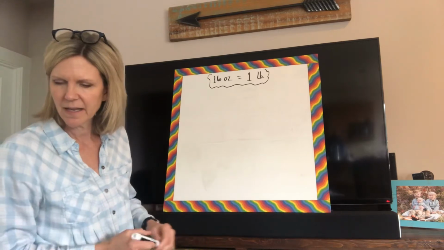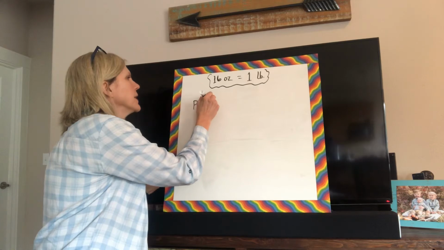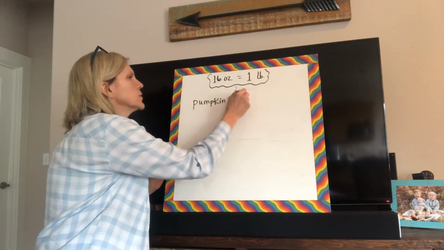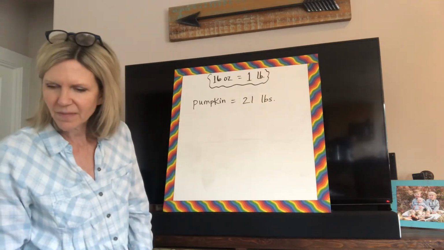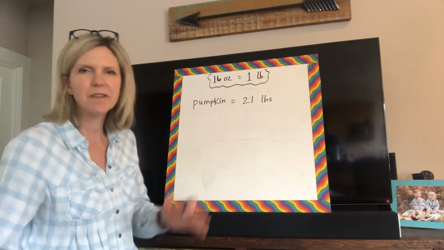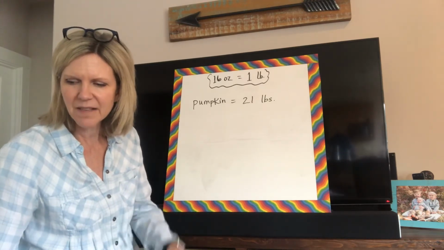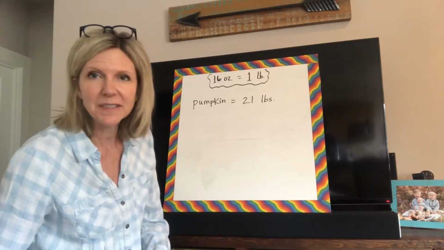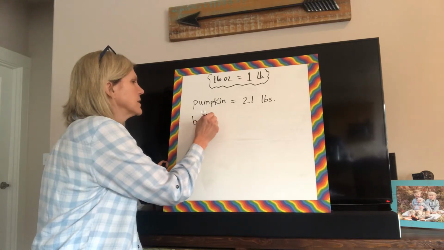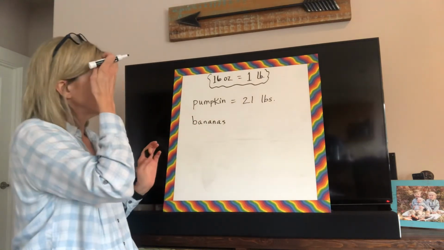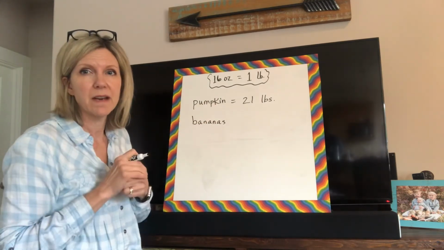It's number 6, and it says that a pumpkin weighs 21 pounds. So we have this big pumpkin, okay, and it weighs 21 pounds. Ooh, that's heavy. Now the pumpkin, of course, is heavier than a bunch of bananas. In fact, it says that the pumpkin is 7 times as heavy as the bananas. So the pumpkin is 3 times more than the bananas.